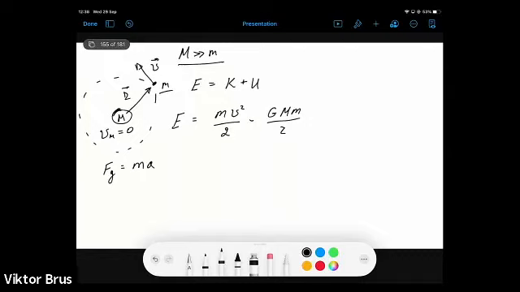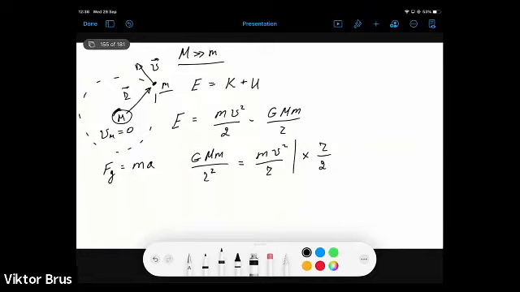Here we can write for gravitational force G times M times m divided by R squared. And for the centrifugal force, we can write m v squared divided by R. So now, in order to make this a convenient form for us, let us multiply this by R divided by 2.